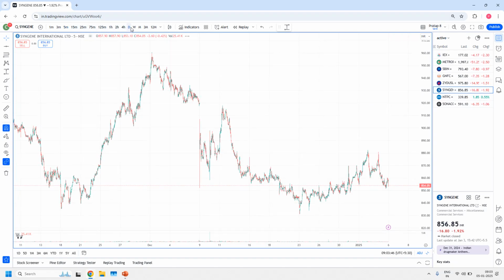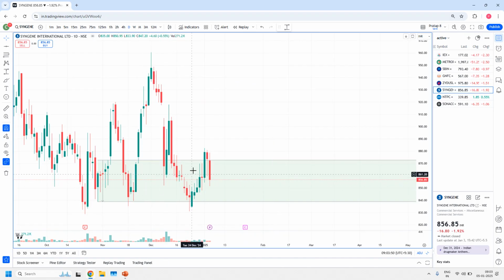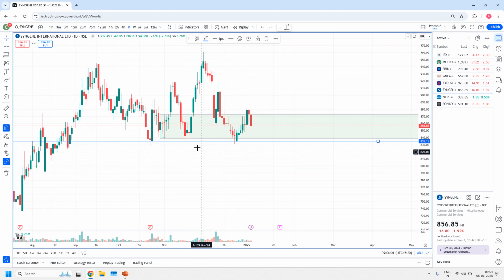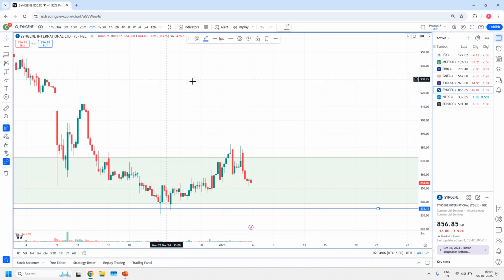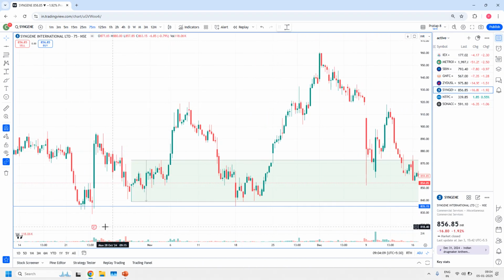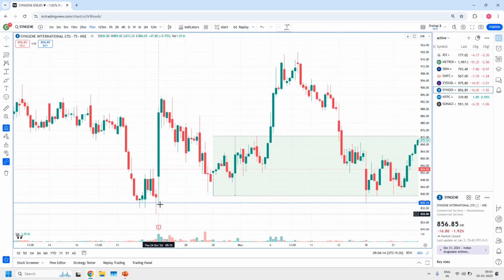This is also a daily pierced zone. See, this zone is pierced. Somewhere the first time it is pierced from here. So within this area, lower time frame, any zone, we need to identify. So I'm going to the 75 minutes time frame. In the 75 minutes, here you have a drop base rally.